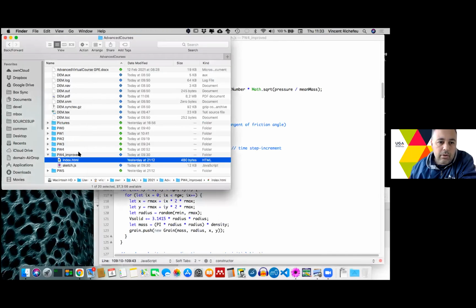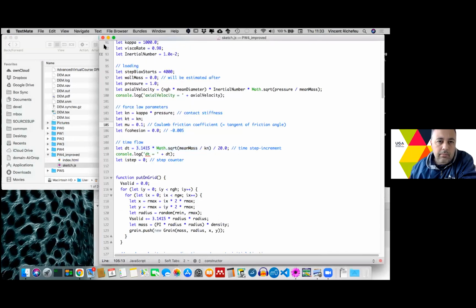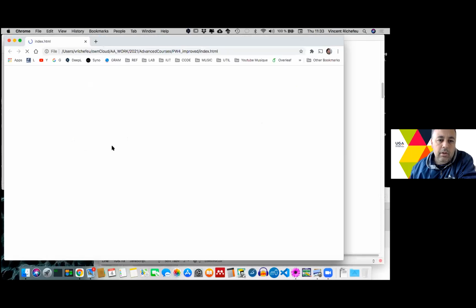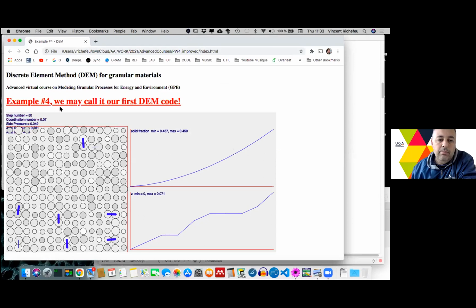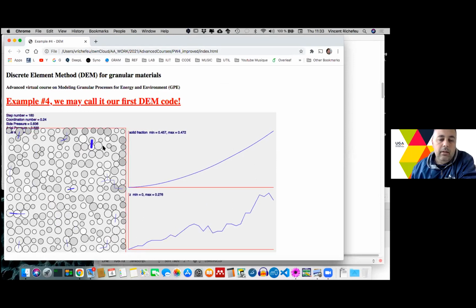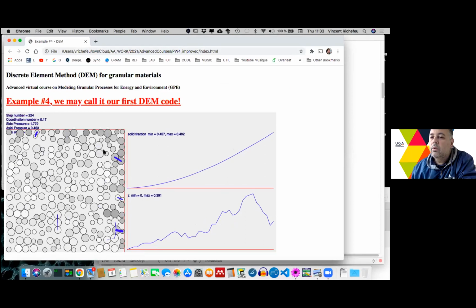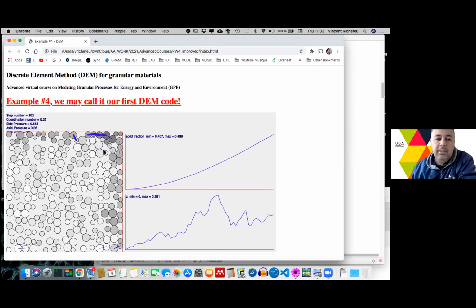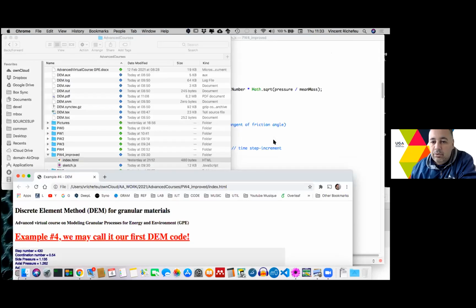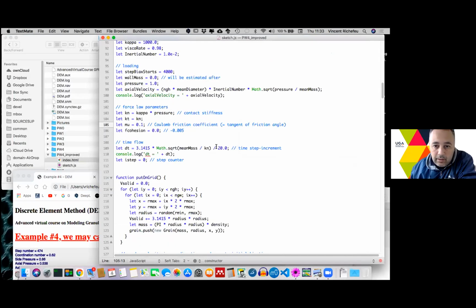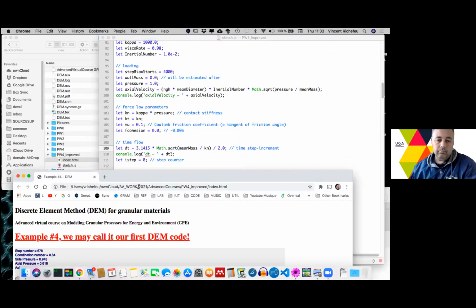So maybe we may have a look at the simulation. What happens if I apply the pressure here with a time step which is the critical time step divided by 20? Let's have a look. Have a try. If I divide it by 2, okay, what will happen?